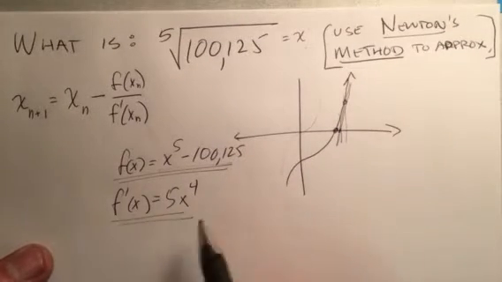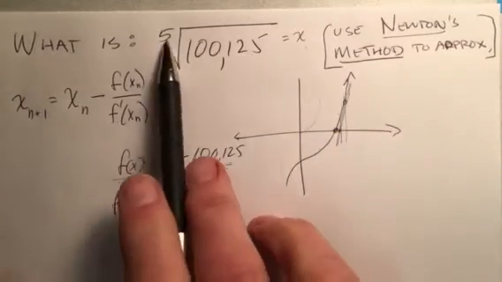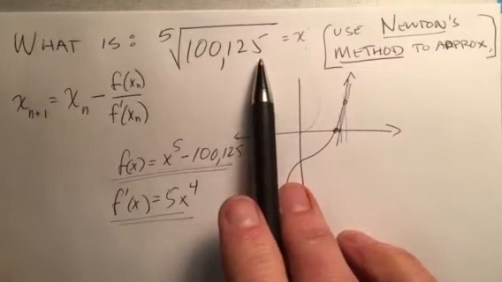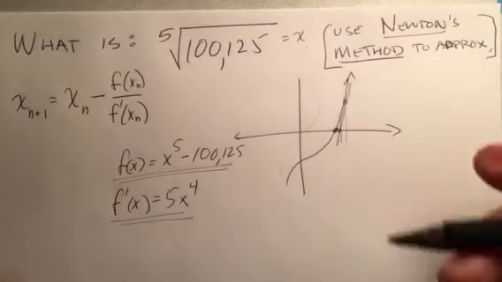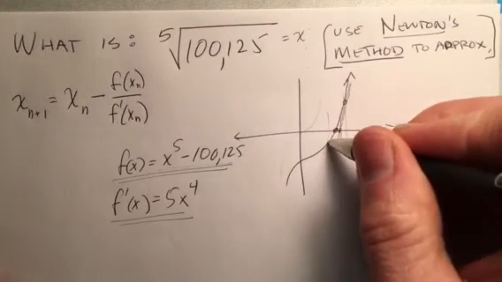What's the point we're going to get close to? The fifth root of 100,000 exactly is 10, so I'll pick 10 as my first guess. It would actually be slightly below here.